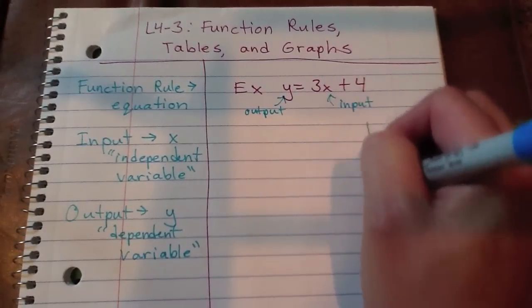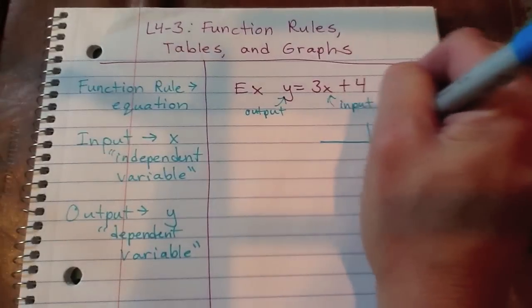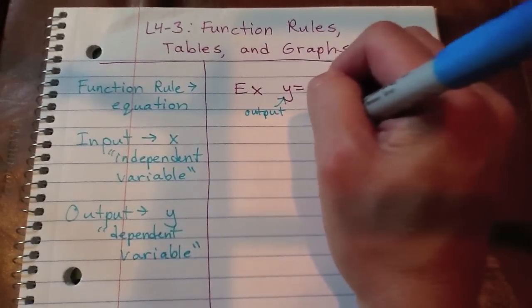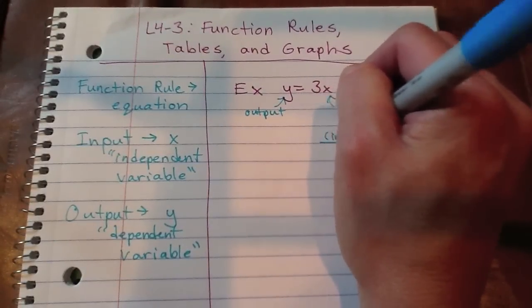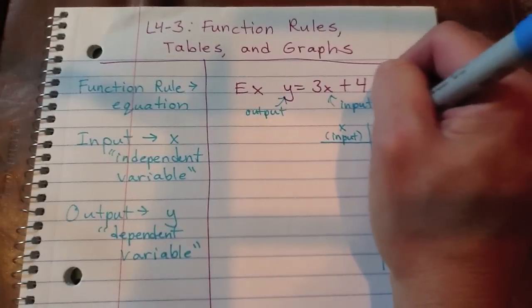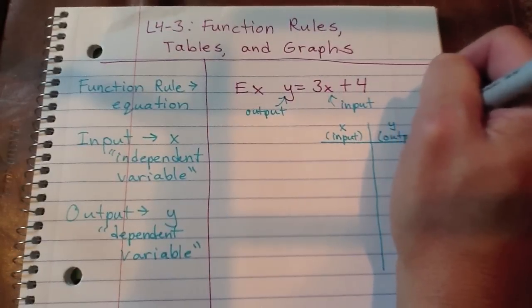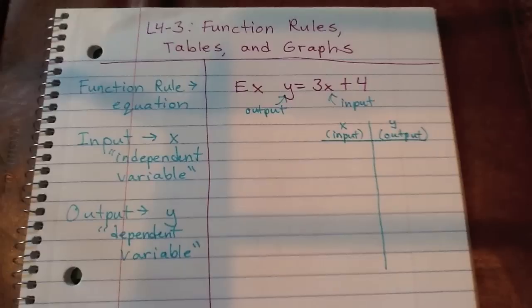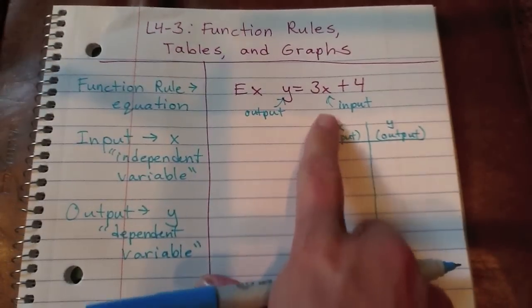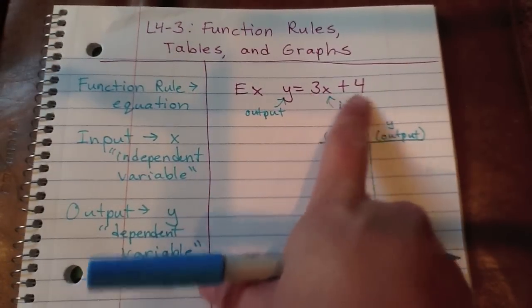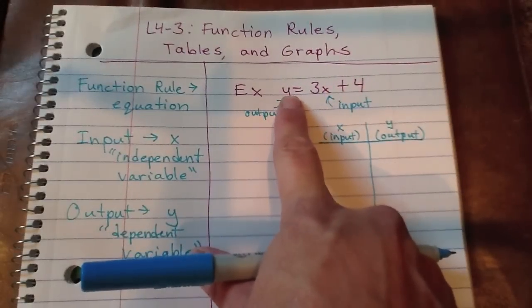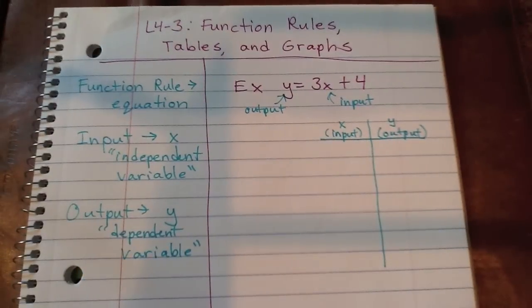So, if we had a table set up right here, and we had our x's here, this is a t-chart that you've done in the past. If you were to put some values in for x, your input, you would be able to evaluate and find your output, your y. So let's just try that.